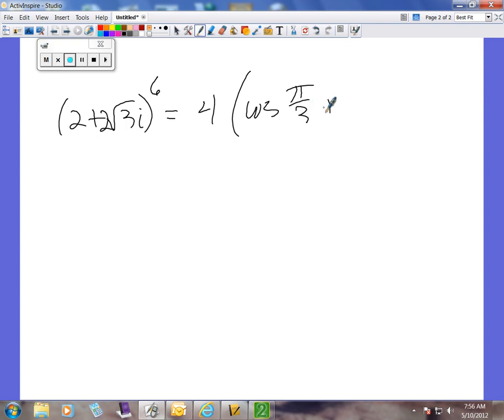Now, here's all you have to do. This is how simple it is, and so you don't have to look at the formula to do it. Since we're taking it to the 6th power, you just take 4 to the 6th, and then you take that power times each theta.